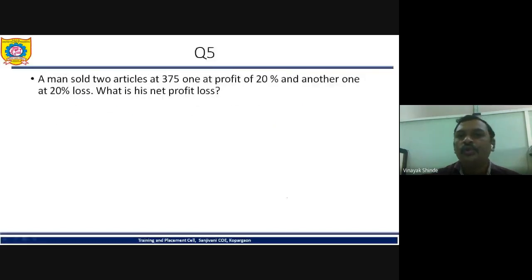A man sold 2 articles at 375, one at profit of 20% and another one at a 20% loss. What is his net profit or loss? So the successive profit loss formula that you need to apply over here. So if your basic is clear, then again you can give the answer in 10 seconds. Let us check how many of you remember that basic formula that we studied in the beginning of the session. 20% profit, उसके बाद 20% उसको loss हो गया.